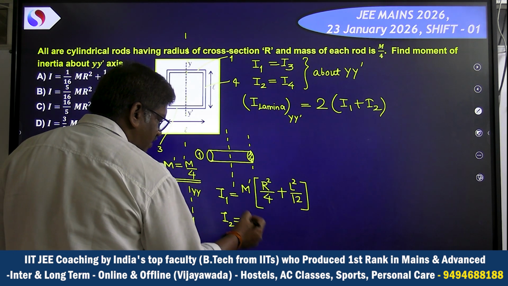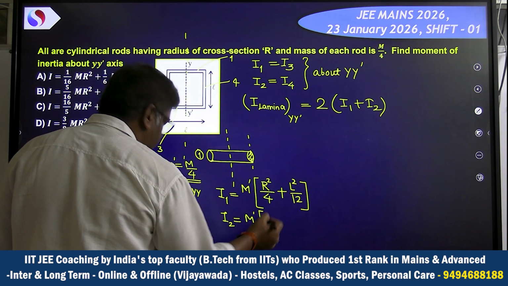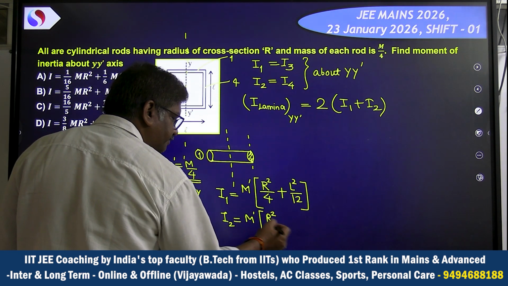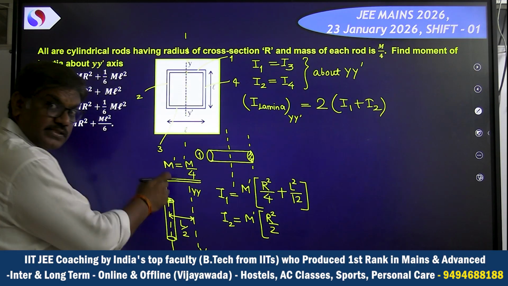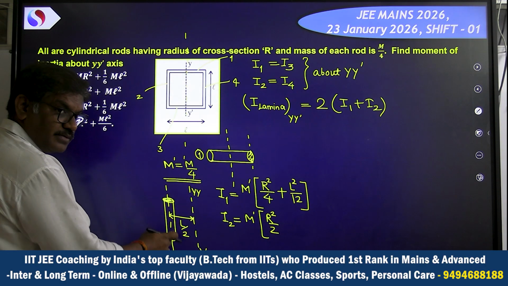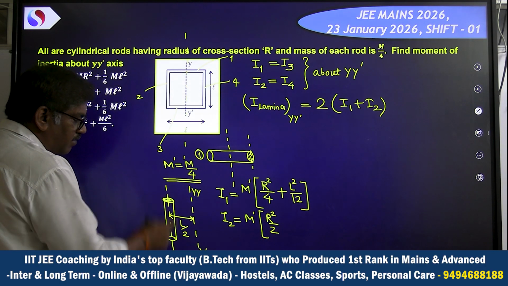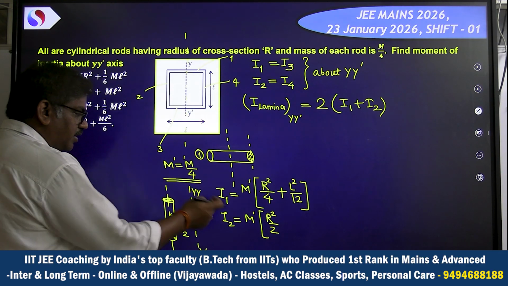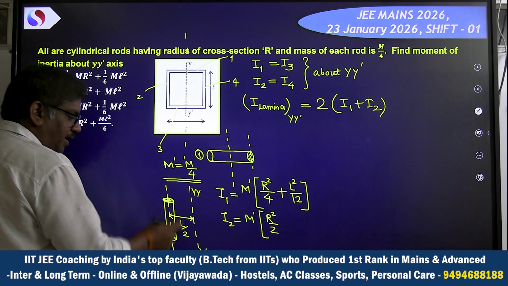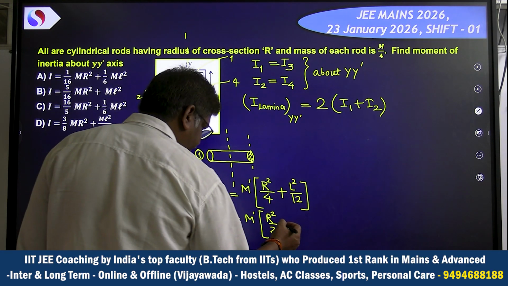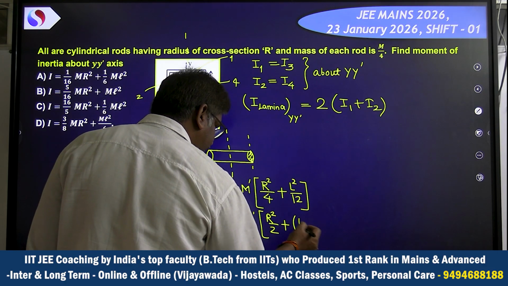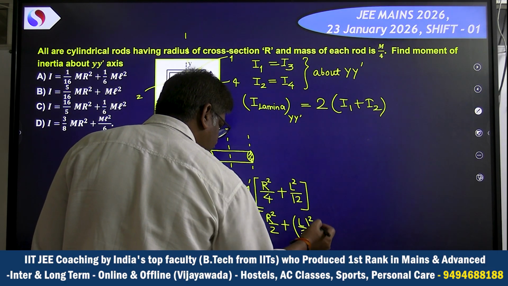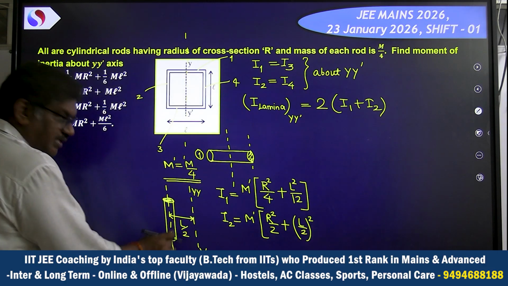That means this is also m dash into r square by 2, that is for the disk passing through the center and perpendicular to the plane. And now you have to shift it by the parallel axis theorem, so it is plus L by 2 whole square.